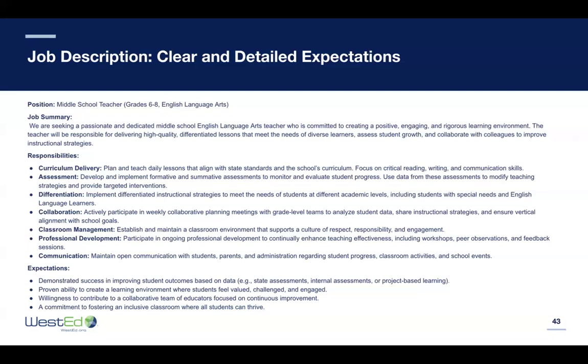This job description incorporates the essential elements like clear responsibilities, specific subjects, and alignment with school goals. Reflect on how these additions could improve the hiring process and attract the right candidates for your school.